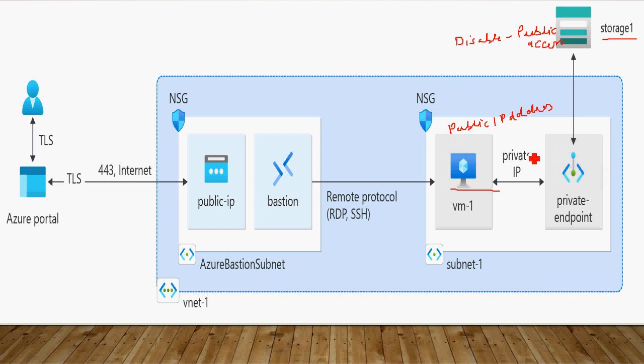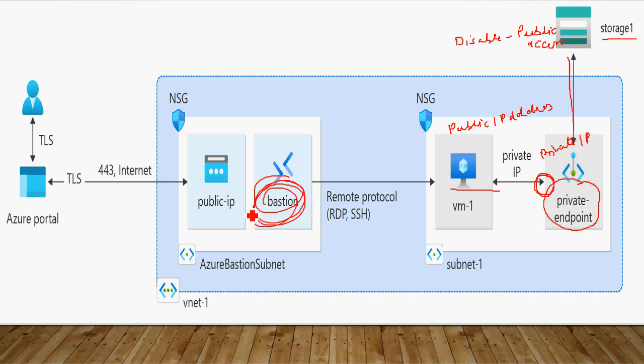Simply, as we discussed so far, we create a private endpoint, and this private endpoint gets a NIC over here which has the private IP, and this will map to our storage account. And to access this machine from our global network, we create a Bastion.